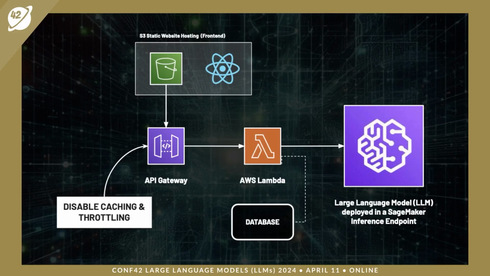The second advice would be to disable caching and throttling, especially on the configuration end of the APIs or the backend. If caching is enabled, then when you run your LLM vulnerability scanner, you might end up getting the same response for the same request, meaning you get the same answer for the same question, which you don't want.